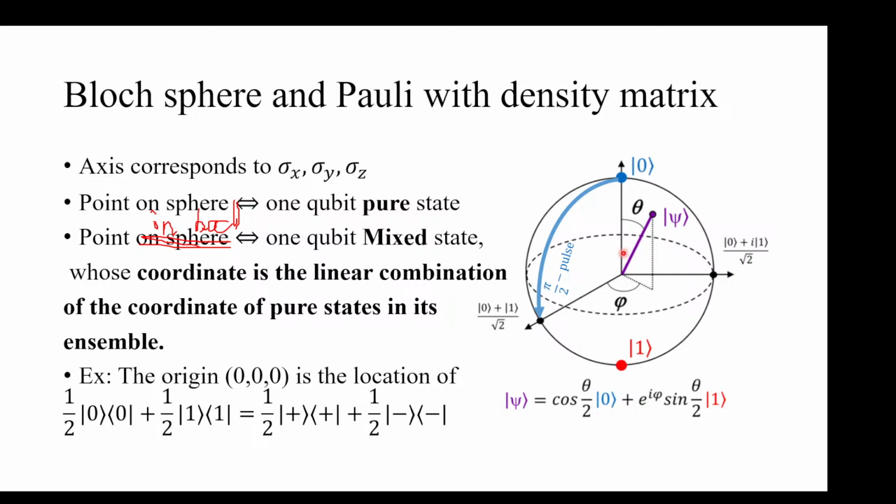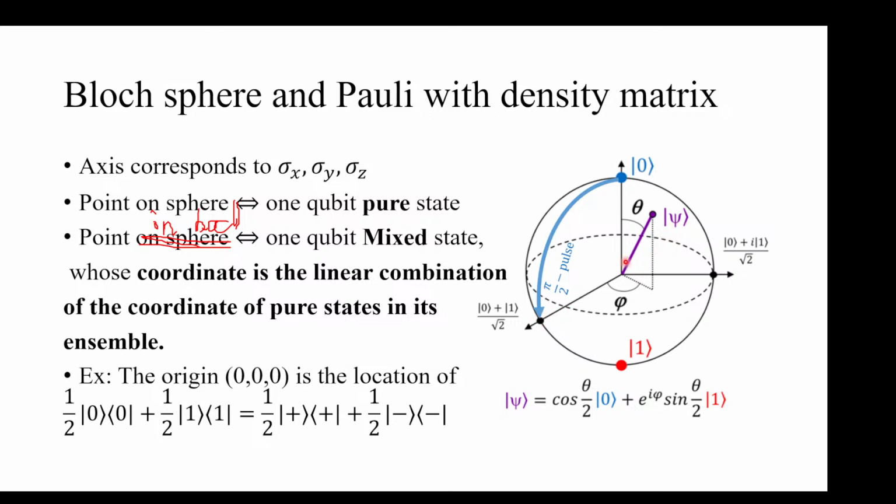Remember we think every mixed state can be written as an ensemble, a probability mixture of pure states. And so the coordinate of your mixed state inside this ball is just the same mixture of the pure states' coordinates.